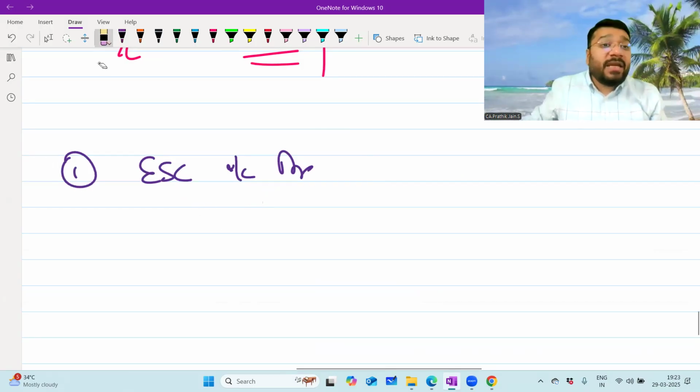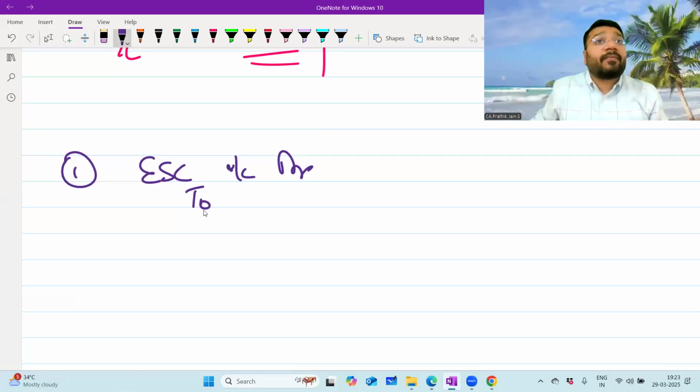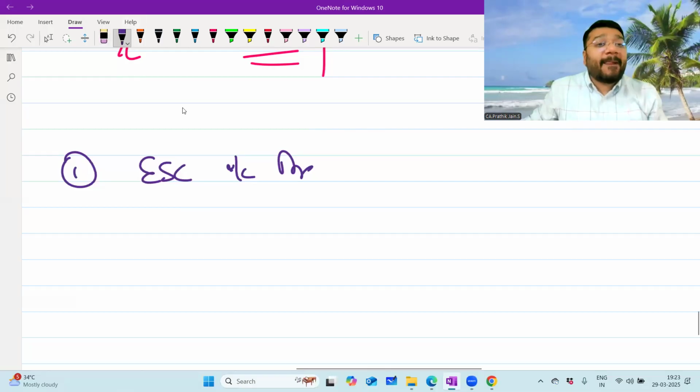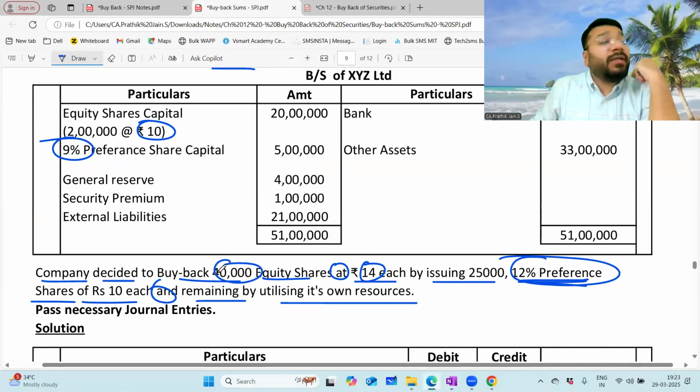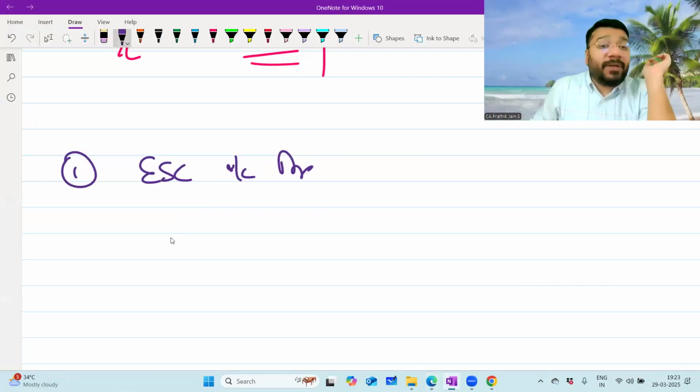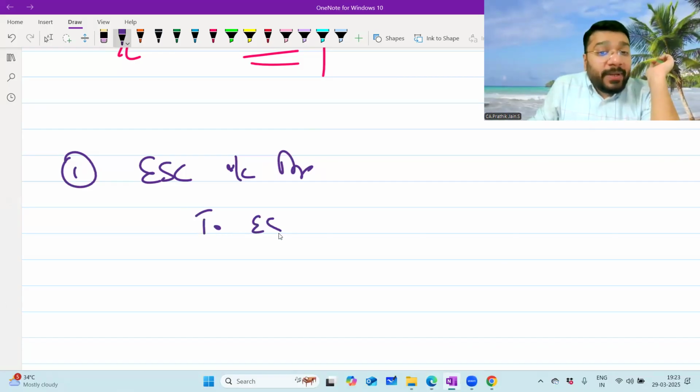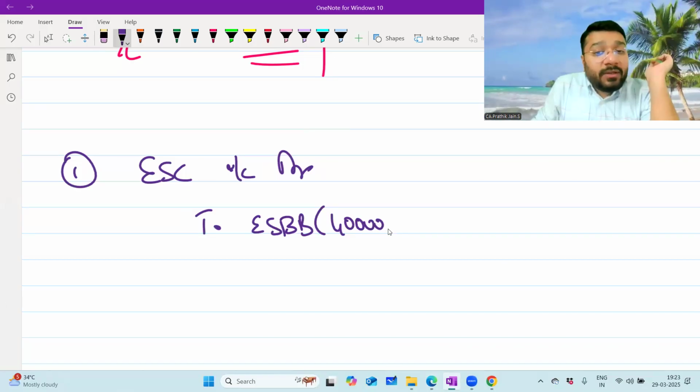What is the entry you said? Equity share capital account debit to equity share buyback. You are buying back 40,000 equity shares at 14 per share. So how many rupees do you have to pay back? 14 per share, so equity share buyback should be 40,000 into 14.